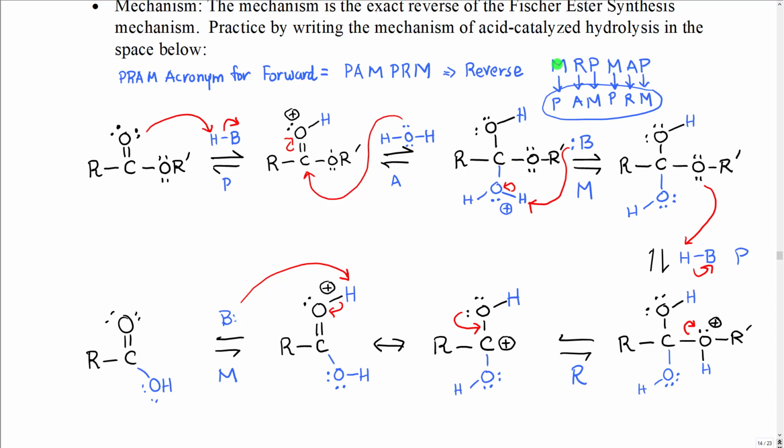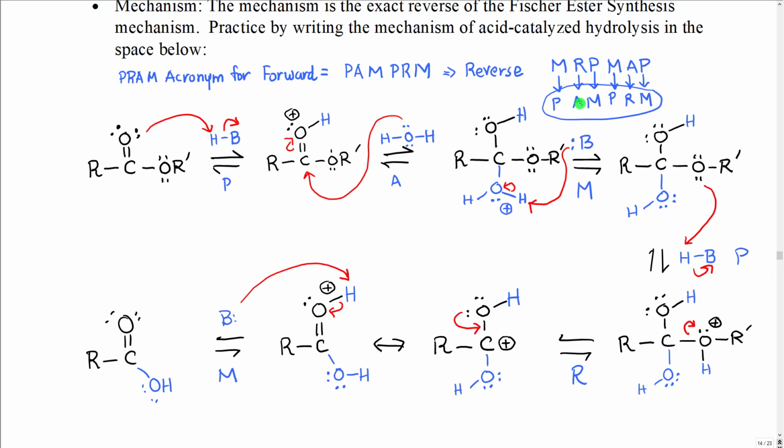But then, interestingly enough, in a reverse reaction, every make stable step in the reverse is actually a protonation, because in the make stable step, we're taking away a hydrogen plus. So the reverse of that would be to put a hydrogen plus on, in other words, protonate. So an M becomes a P. Similarly, a removal step becomes an addition step. If you're taking away in one direction, then you're adding in the opposite direction.